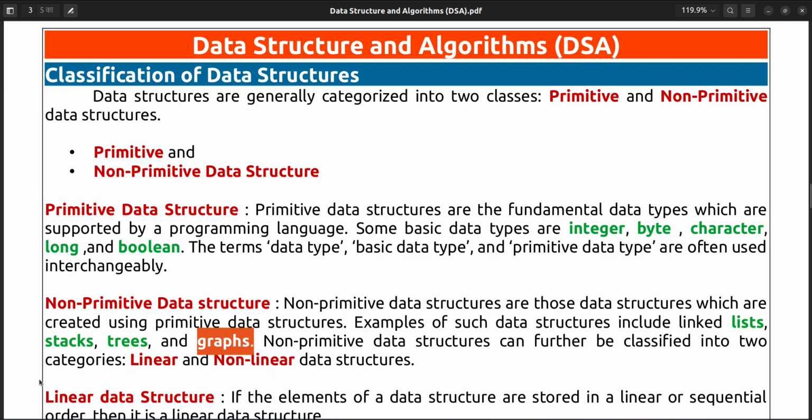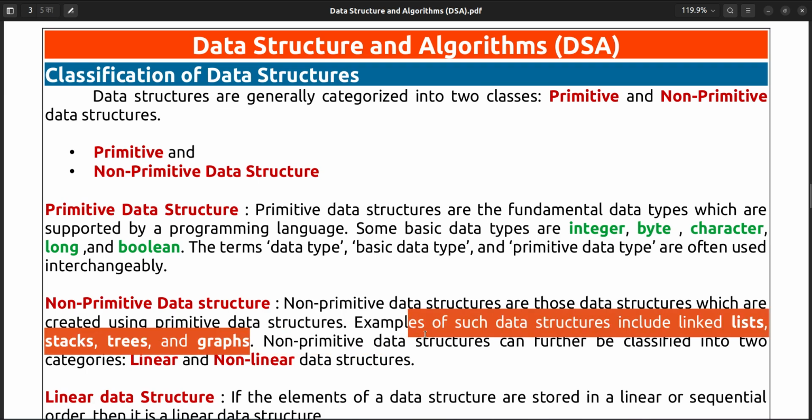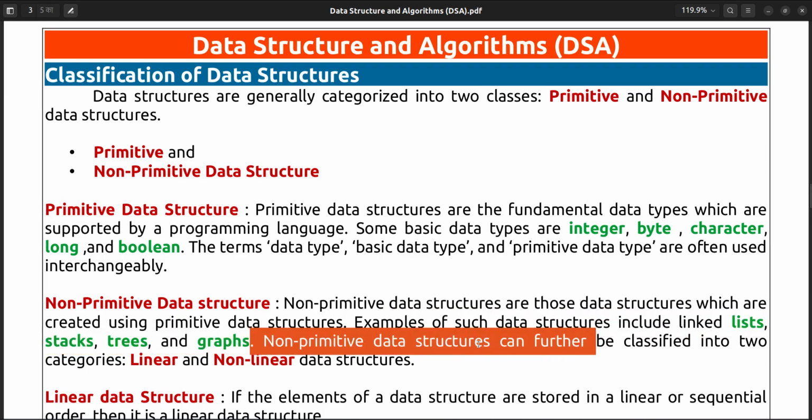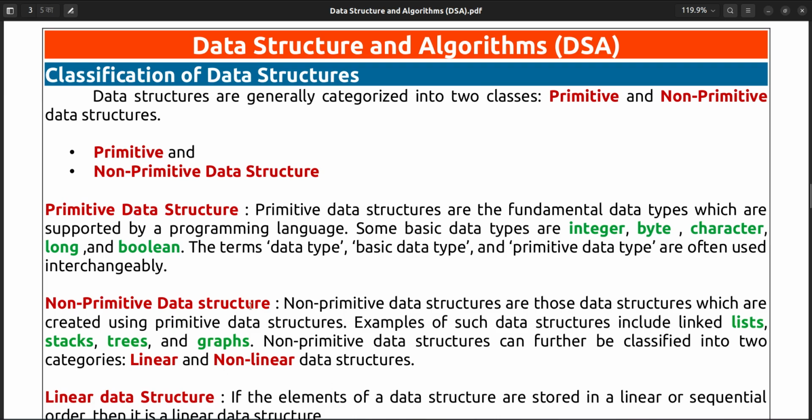So list, stack, tree and graph are non-primitive data structures. And non-primitive data structure can be further classified into two categories: one is linear and another one is non-linear data structure.